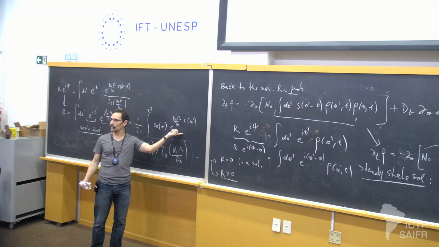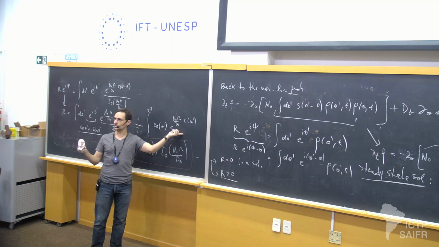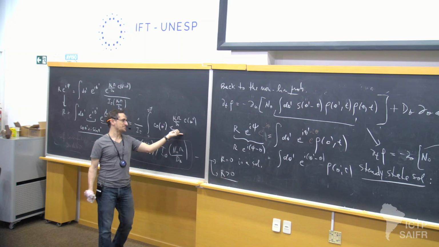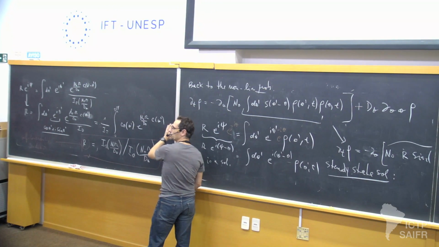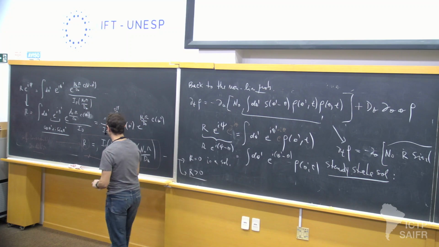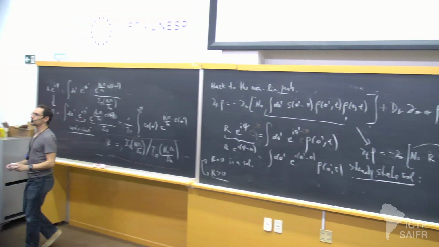I have to go another order, the second order. If I go to the second order, it's not going to work; it will vanish, and we will need to go to the third. So we will get a cubic term.